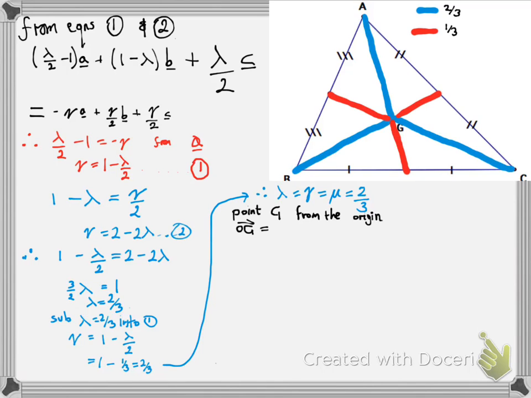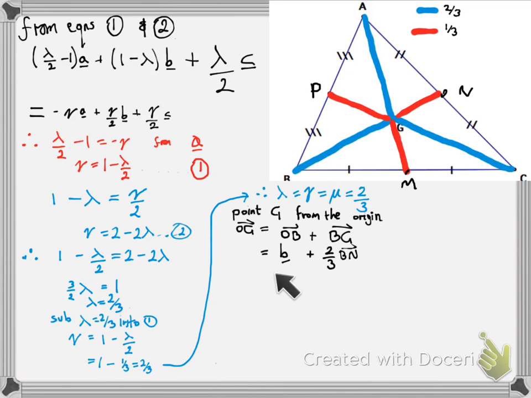Now, let's use what we've established and work out what point G is from the origin. So our vector OG. Well, going from O to G, first we can go O to vector B, and then from B run along to get to G. So OB plus BG.